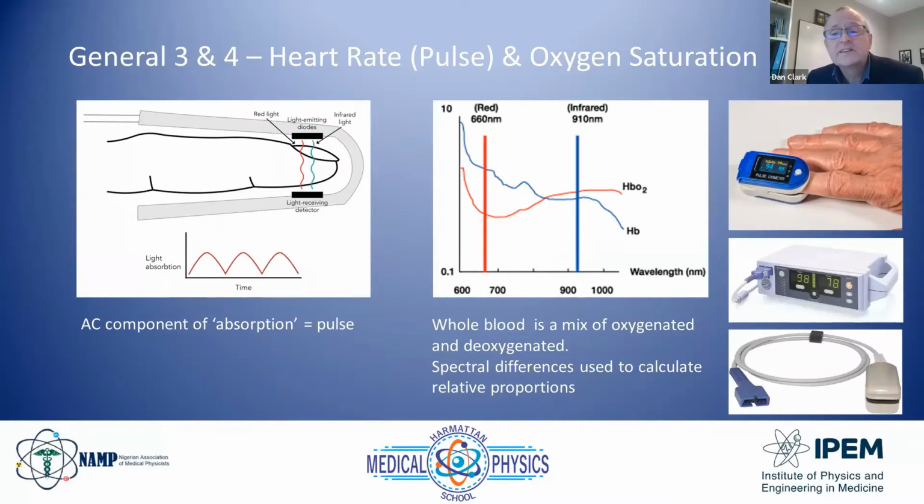So a simple device, the pulse oximeter, can give us both the pulse, a very important feature, and the amount of oxygen in the blood. So those are the four most widely used physiological measurements in healthcare, I would say: temperature, blood pressure, pulse, and oxygenation, and that's how we would measure them.